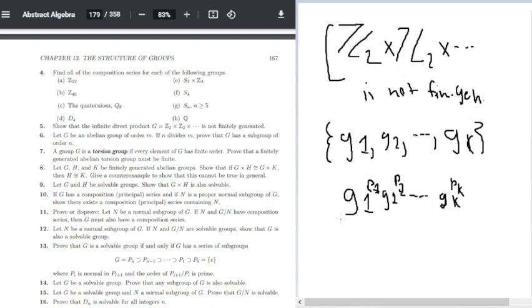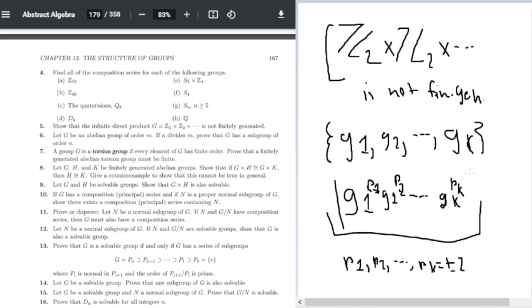Now, how many possible elements are there of this form? Notice that since every group has order 2, each of p1, p2, all the way up to pk is either 0 or 1, which is definitely the amount of total elements of this form.